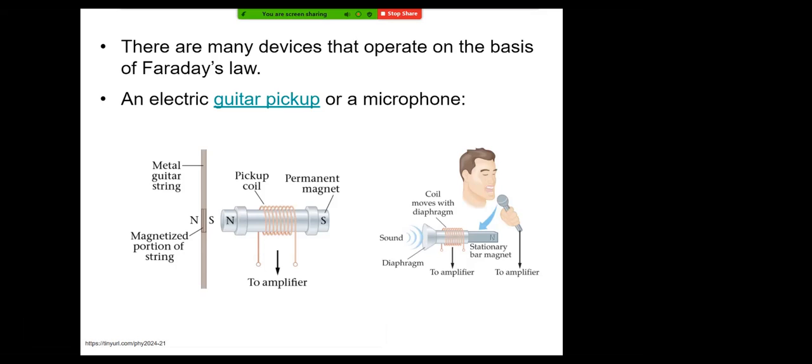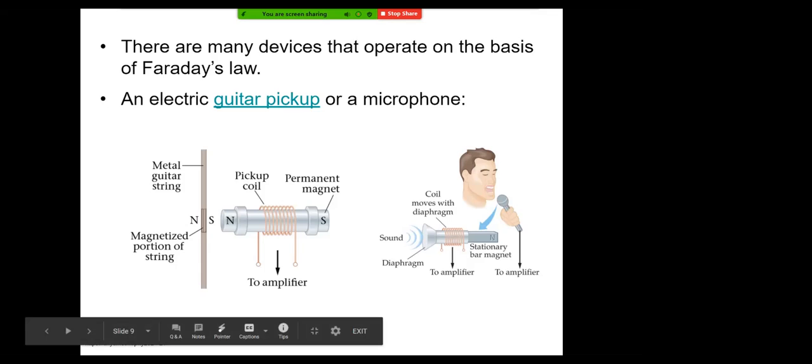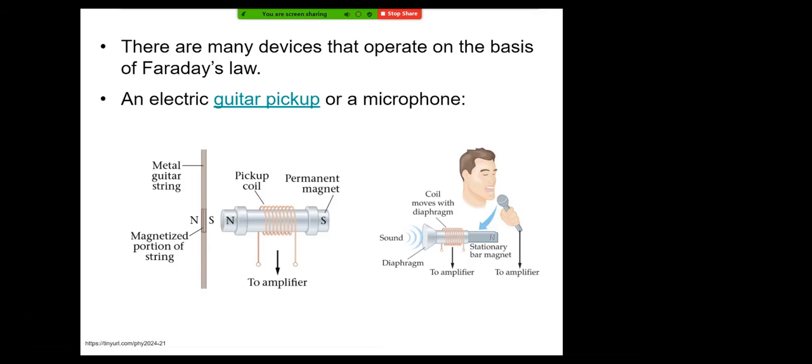Basically, if you have a guitar pickup over here, inside the pickup there's a pickup coil and a permanent magnet, with a north pole and a south pole. The part of the string that is close to the pickup actually has a small piece of magnet on it. As you pluck your guitar string, it moves back and forth.